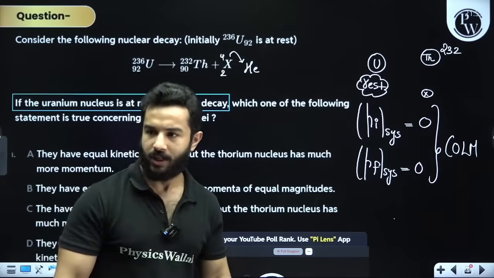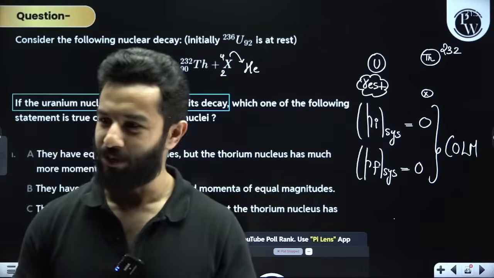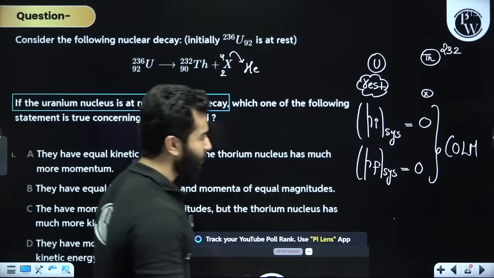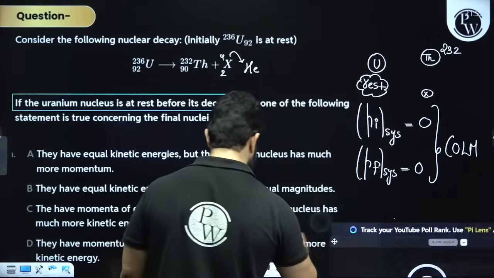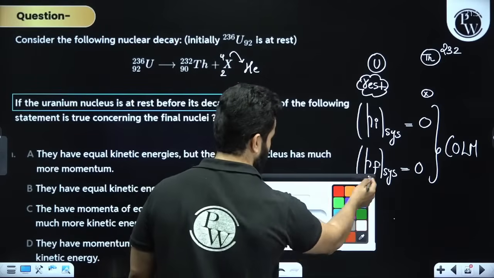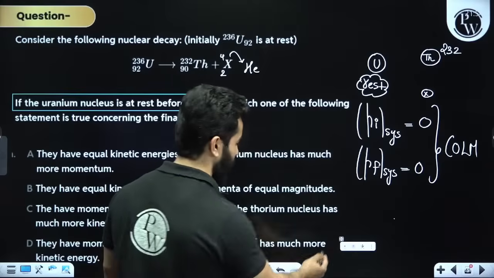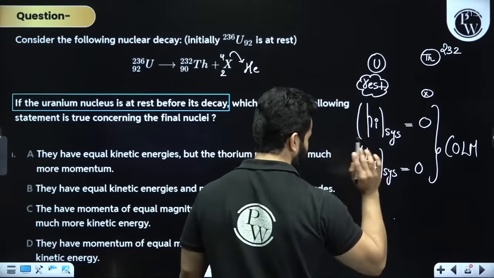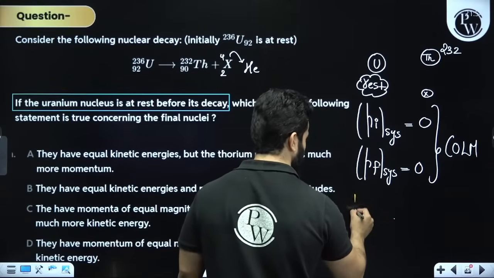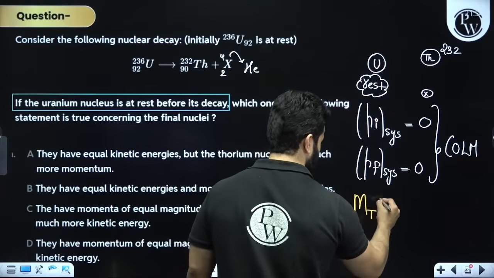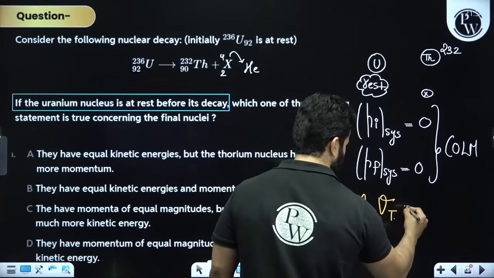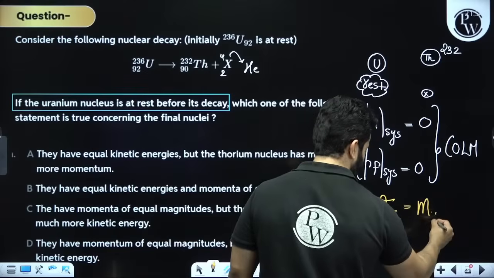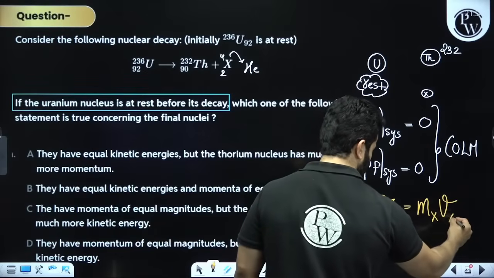So the momenta are the same, which means mass of thorium multiplied by velocity of thorium is equal to mass of X multiplied by velocity of X.